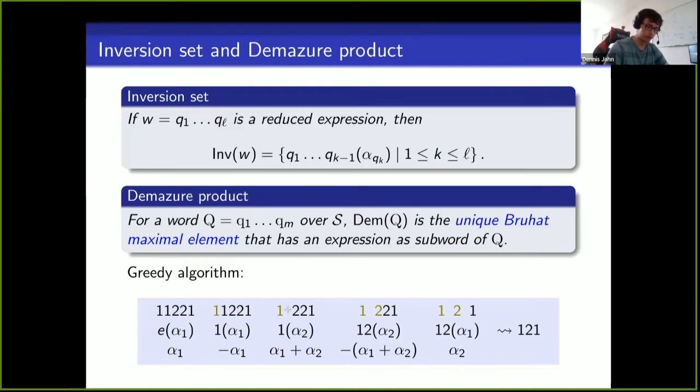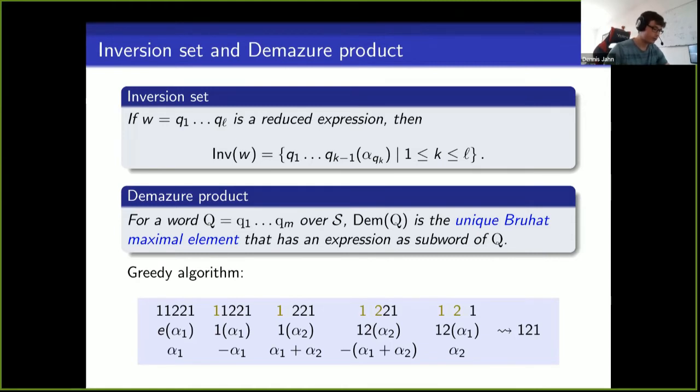We would go down in order. Then we have, again, only the green prefix, not the one that we've thrown away, 1 applied to the next root. 1 applied to alpha 2 is a positive root, so we take this one. Then we have 1, 2 applied to alpha 2 is a negative root. We throw the next one away, and so on to, in the end, get 1, 2, 1, so S1, S2, S1, as the Demazure product of the word 1, 1, 2, 2, 1.